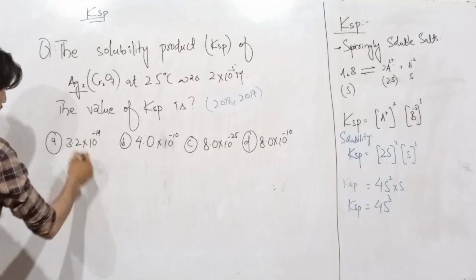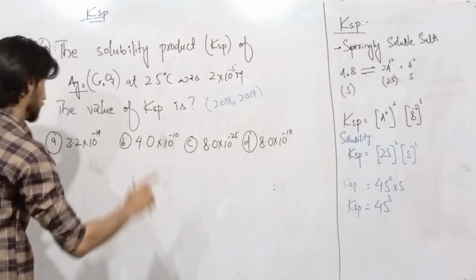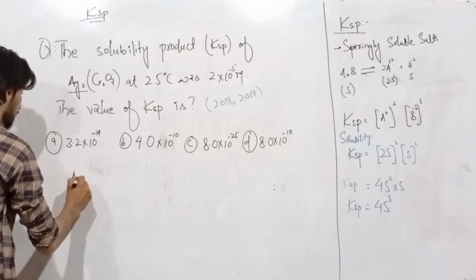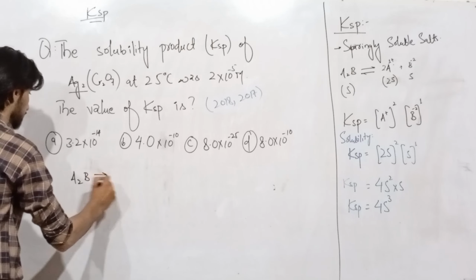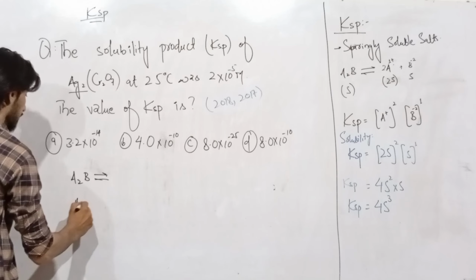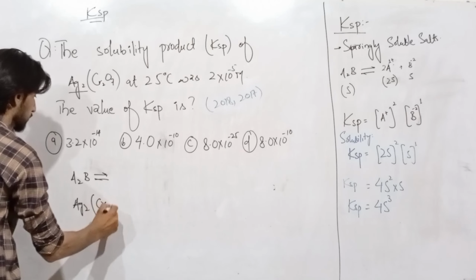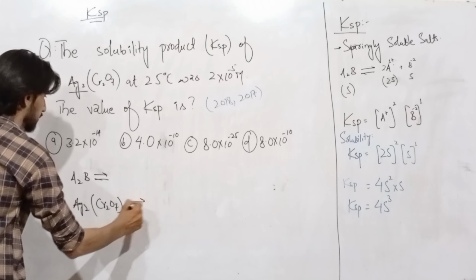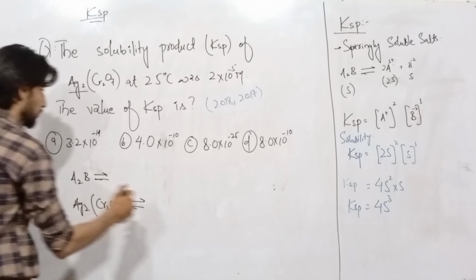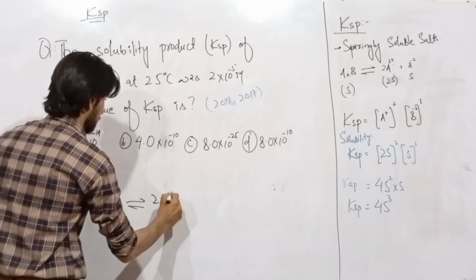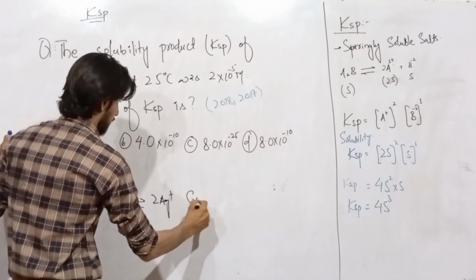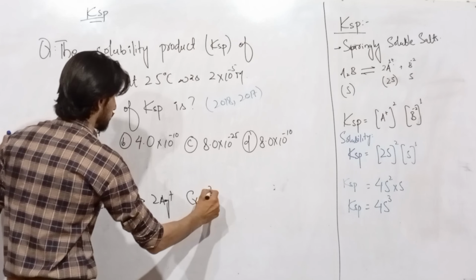This salt is of the kind we discussed, A2B. Ag2Cr2O7 dissociates into 2 ions of Ag+ and 1 ion of Cr2O7 2-.